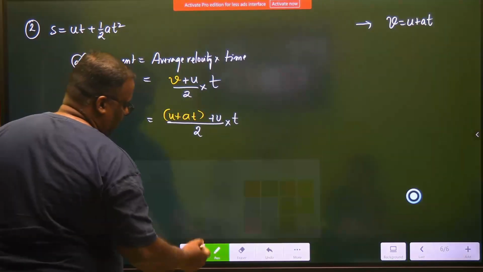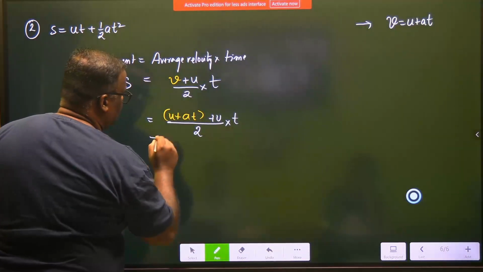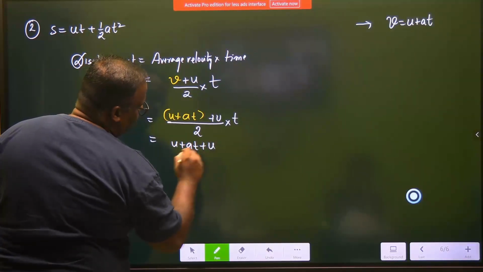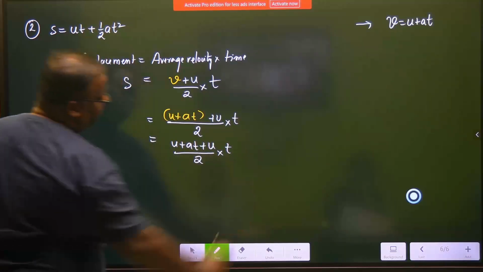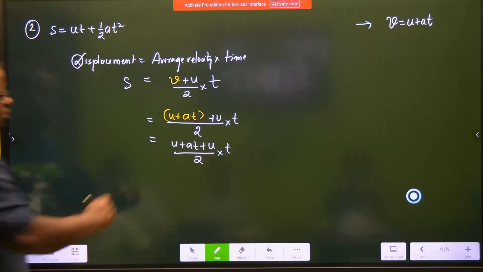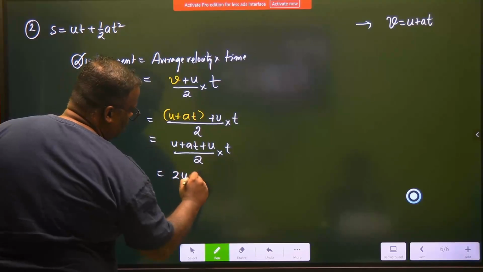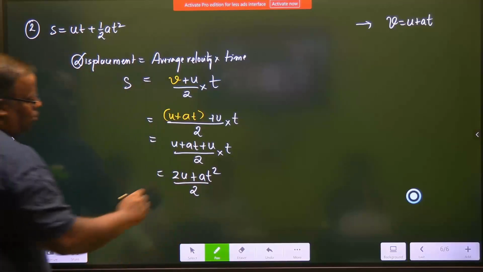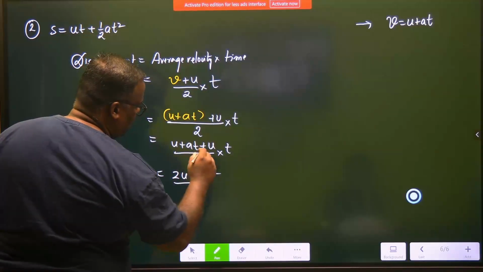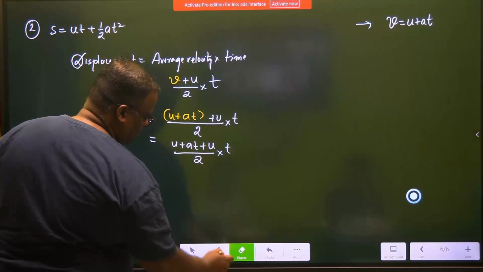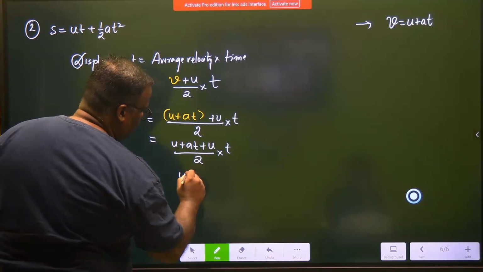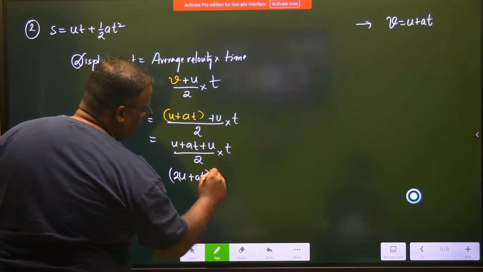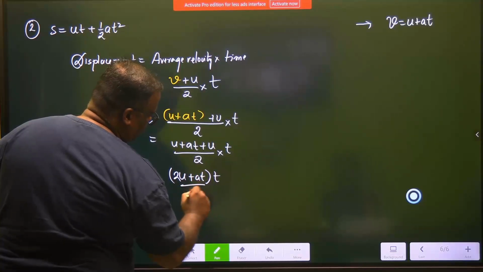Right? Okay. So it gives me (u plus at plus u) divided by 2 into t. Perfect? So it gives me 2u plus at, right, divided by 2, 2ut, sorry. One minute. So this becomes (2u plus at), and this whole thing is multiplied by t and divided by 2.